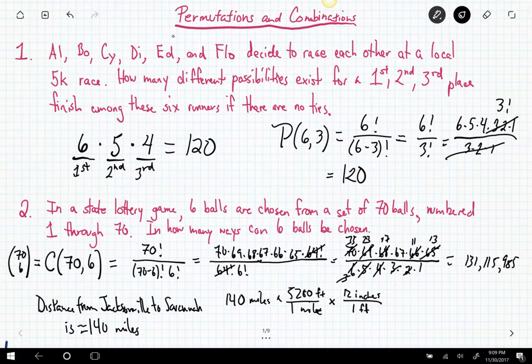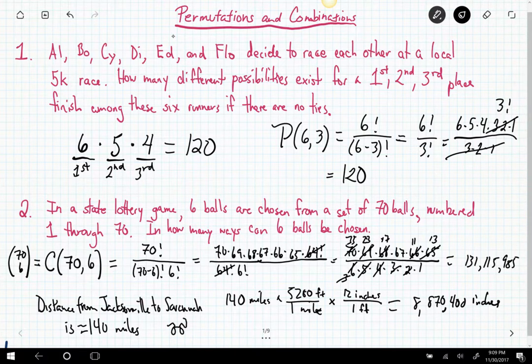If you actually multiply that out, so you take the 140 times 5,280 times the 12, what do we end up getting? Well, we get 8,870,400 inches. Now, why is that? What am I trying to get at? Well, so here's the deal, to kind of give you some perspective.